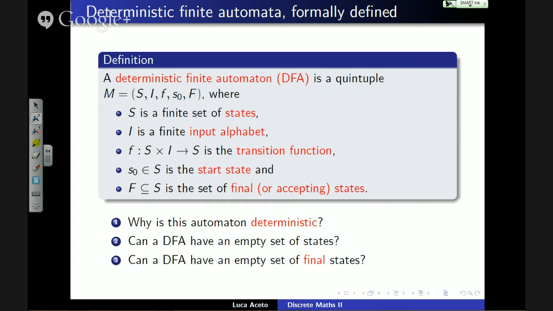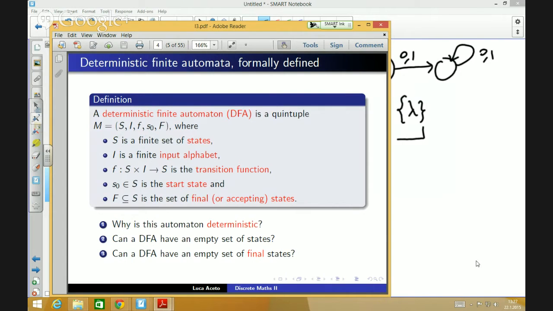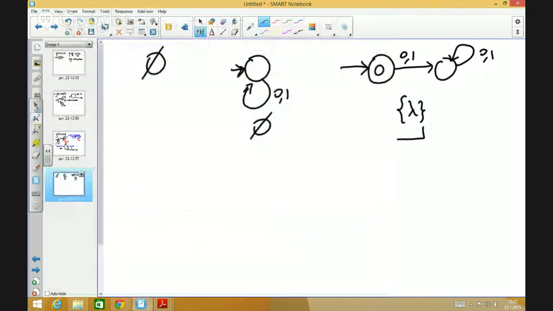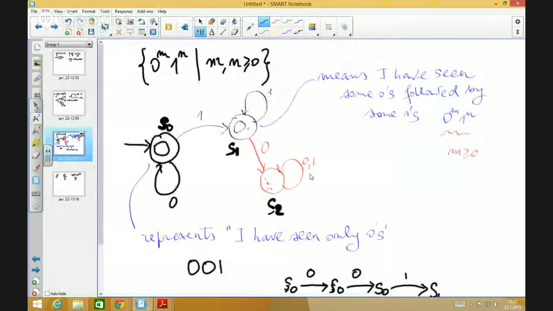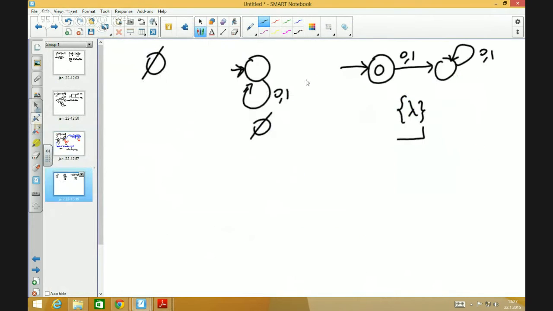In fact, we've already drawn an automaton which has more than one accept state. This one had 2 accept states, S0 and S1. We've also drawn an automaton that has no accept states whatsoever. This one. So the set of accept states can be empty.